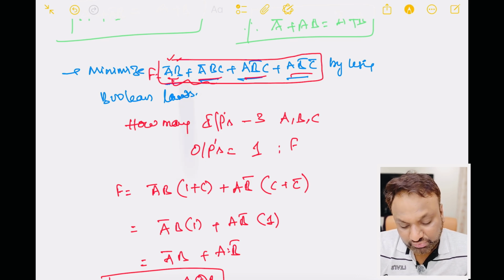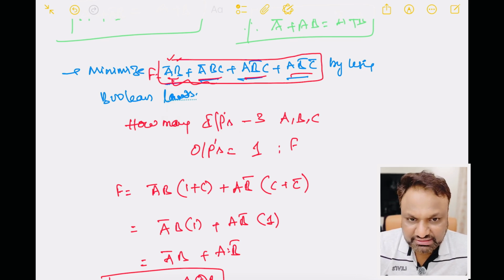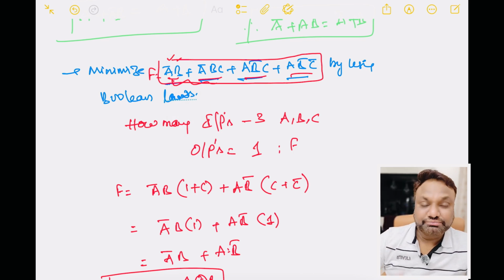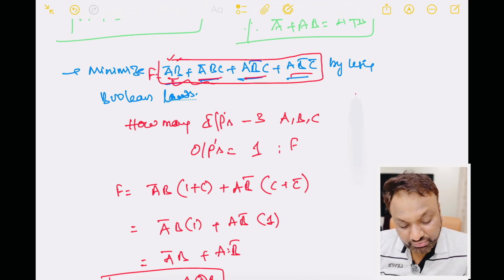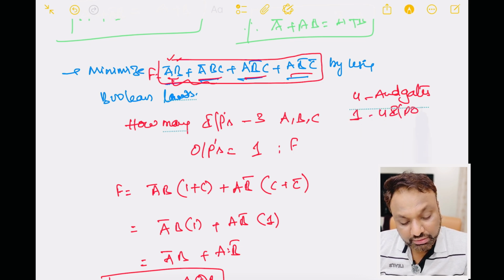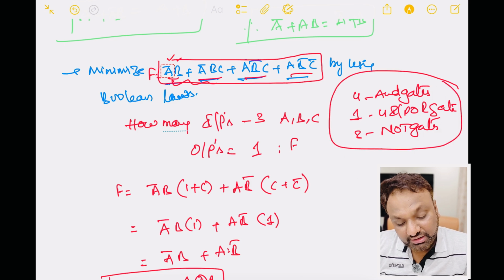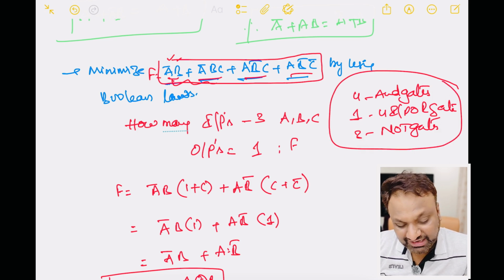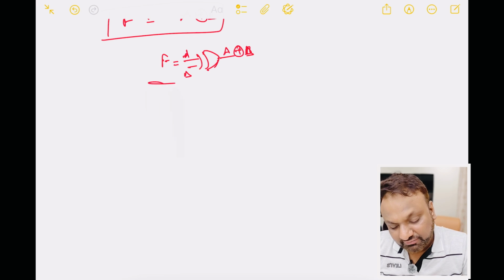So 4 AND gates, 1 four-input OR gate, and I also need 3 NOT gates for A bar, B bar and C bar. Total gates are 4 plus 1 plus 3, that is 8 gates. Here I am using only 1 gate.